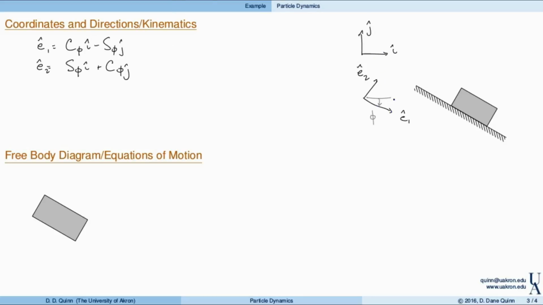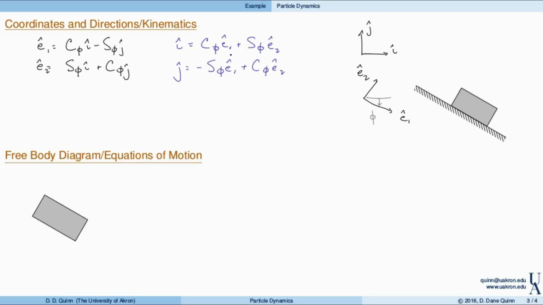Now relating i and j to E1 and E2, we find that i is equal to cosine of phi in the E1 direction plus sine of phi in the E2 direction, while j is equal to minus sine of phi in the E1 direction plus cosine of phi in the E2 direction.